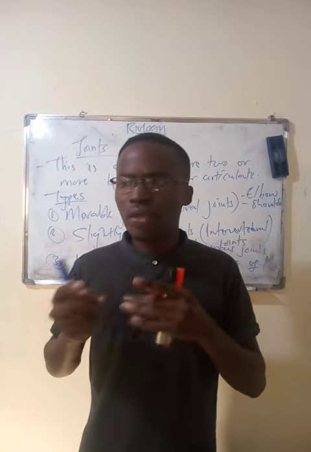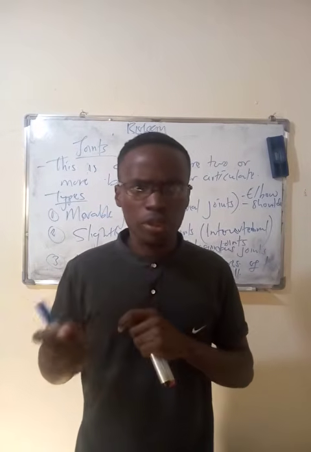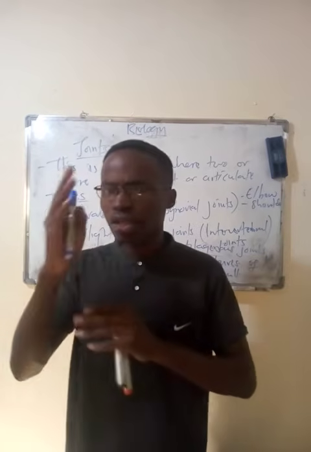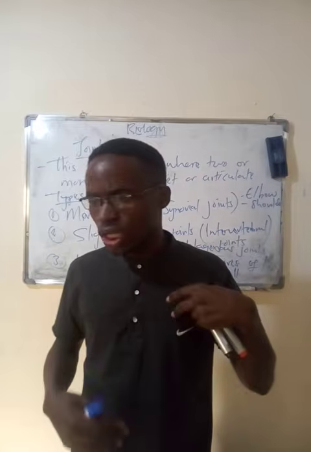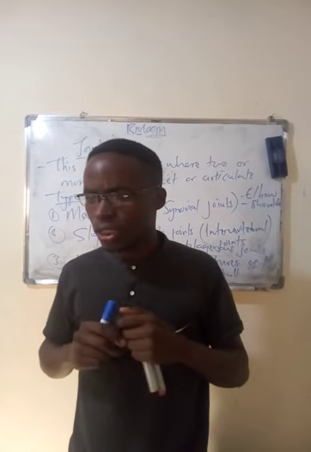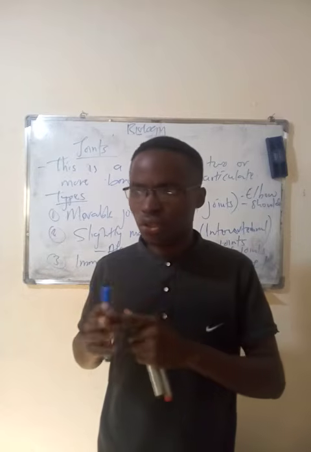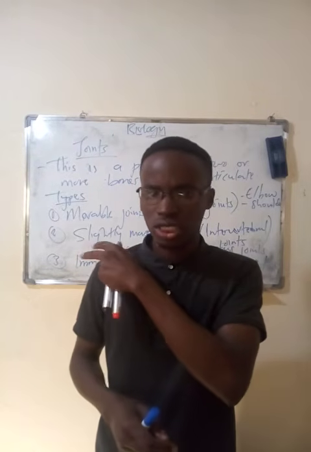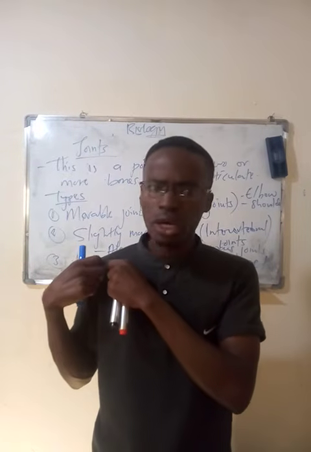Okay. Then we started talking about the human skeleton, which we said is made up of two parts. That is the axial skeleton from the skull, the rib cage, and together with the what? The vertebral column, or rather the spine. Then the appendicular skeleton, the girdles, that is the pelvic girdle and the pectoral girdle.